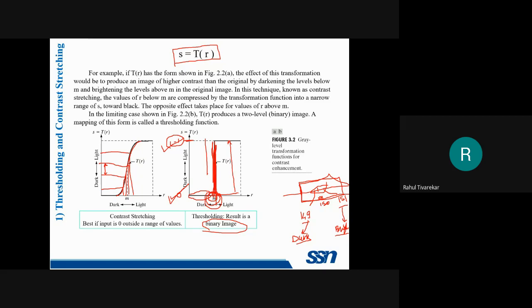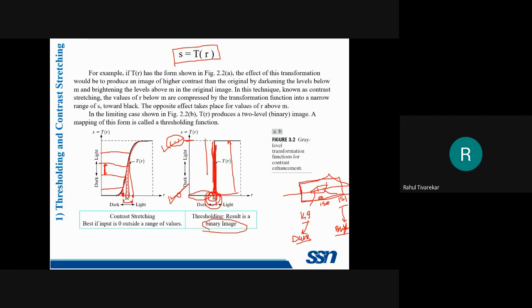If you see here, when I consider this pixel and this pixel, the separation was small, but here the separation was a little more. If I take the next pair of pixels, they have somewhat larger separation.